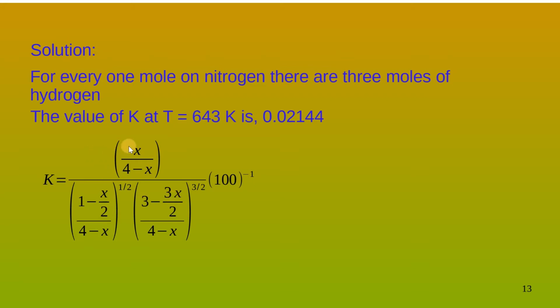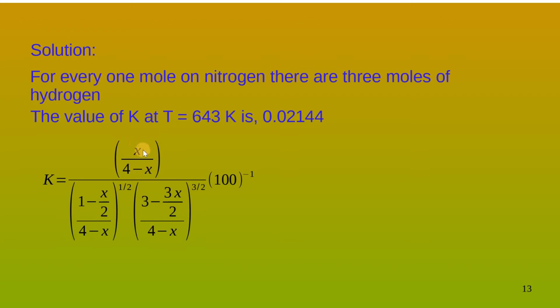Adding X to 1 minus X by 2 and adding that to 3 minus 3 by 2 X gives you 4 minus X. Therefore, 4 minus X is the total number of moles at equilibrium.